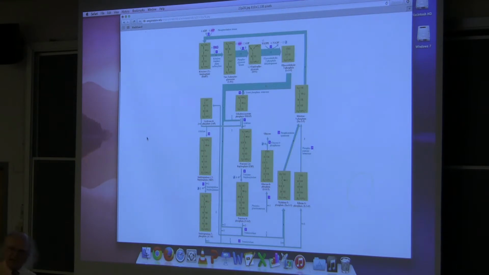ATP and NADPH are the products of the light cycle. The light cycle is feeding the dark cycle. So it's important that the dark cycle be going on while the sun is out, because that's going to produce more NADP, that's going to produce more ATP, and that's going to keep both processes going.